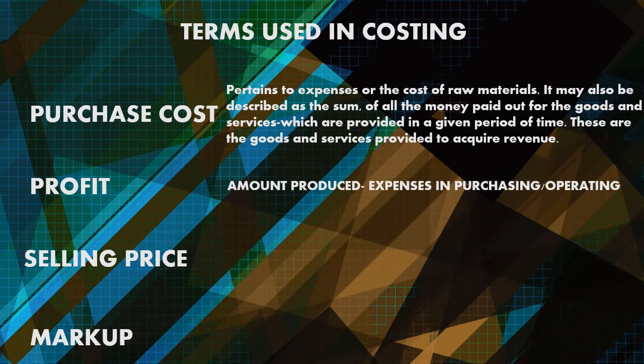Now, for profit, it is the amount produced minus the expenses in purchasing or operating the business. So basically, it pertains to the difference between the amount produced and the expenses in purchasing or operating the business.